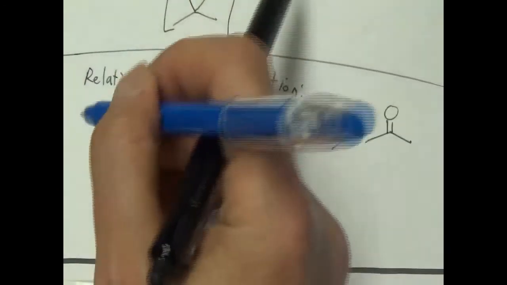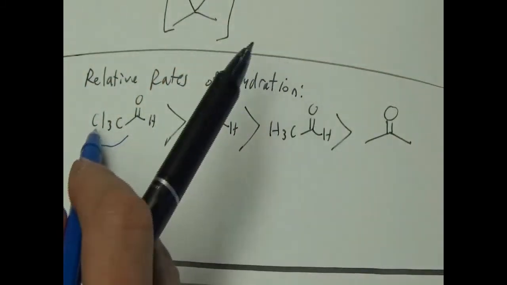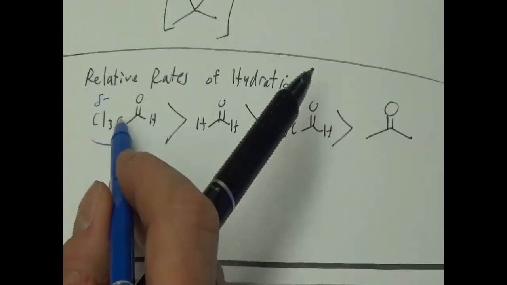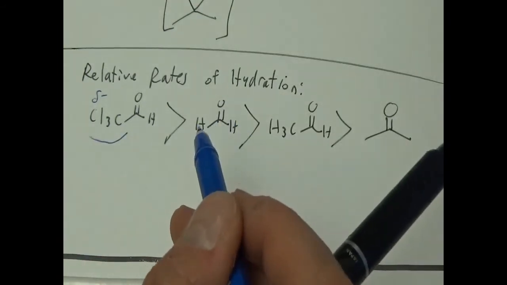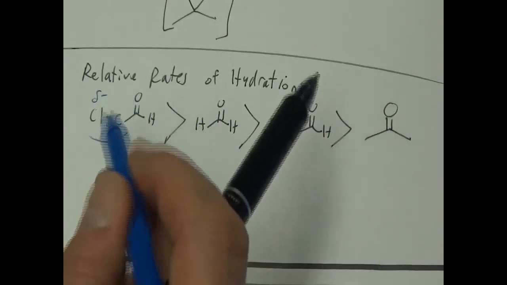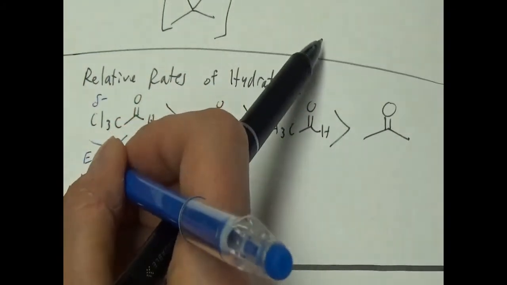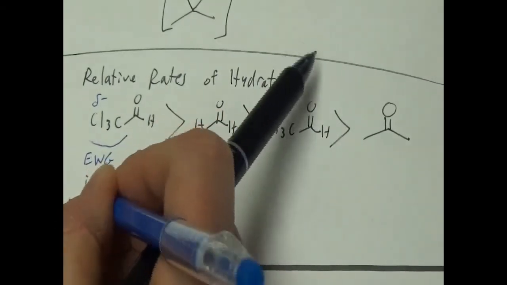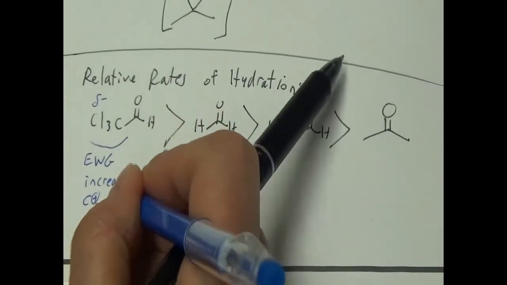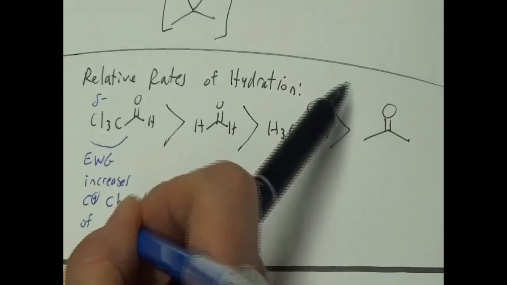The reason this is so favored is that the trichloromethyl atoms are all delta negative, and they're pulling electron density from the aldehyde. The electron withdrawing group, and there are three of them, increases the carbocation character of the carbonyl.